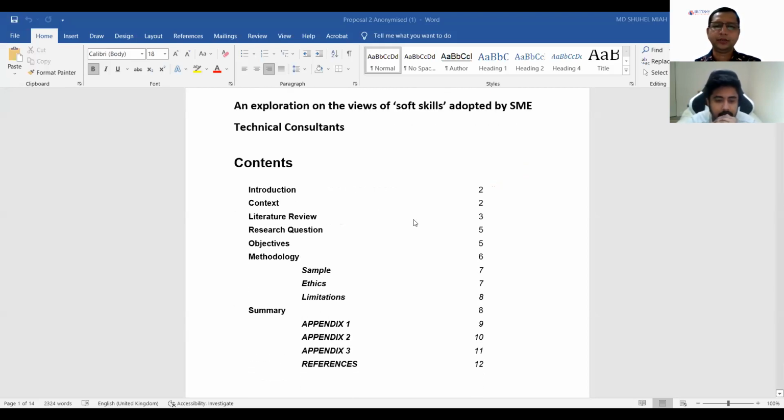So what content should you write in your proposal? Introduction and context, which is the background information. You can write about the context here. You will also write the literature review. What a literature review is and how to write it will be discussed in our second session by Mr. Rao.